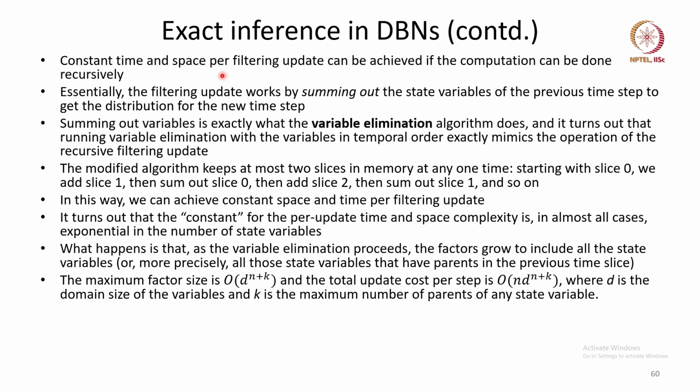So what happens is that instead of having so many time steps as shown here, you can do what is called the summing out. So when you do the summing out, you're eliminating the earlier slices. Okay, so at any point in time, you'll have just 1 or 2 slices that you're working with. So this modified algorithm, where you're using variable elimination and summing out, keeps at most 2 slices in memory at any time.